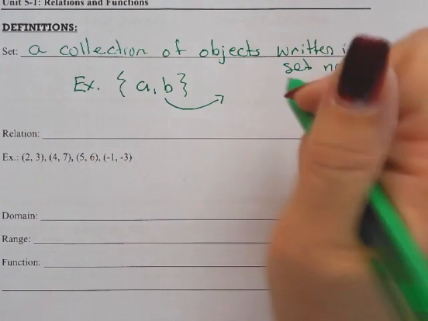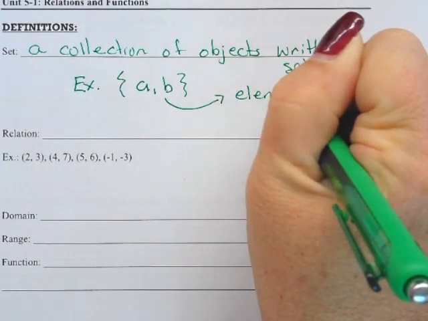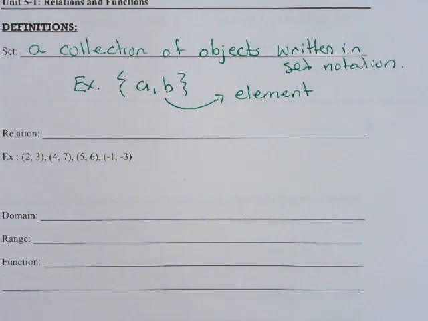It's called an element. And I'm not talking about an element in science. We're now talking about elements in math. Have you noticed how a lot of math terms are also science terms or vice versa? It will continue to happen as you go further in math. All right, so that's a set.